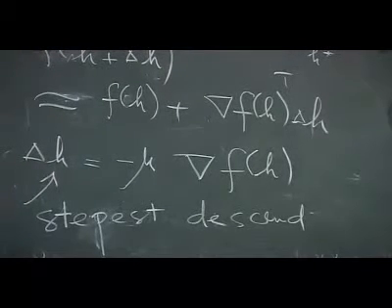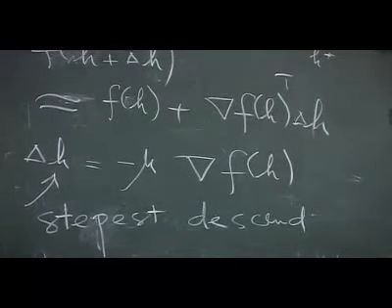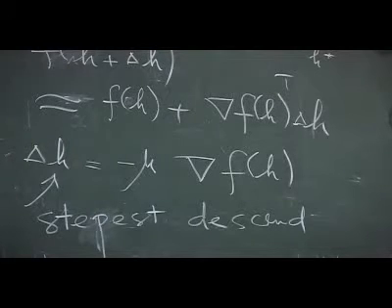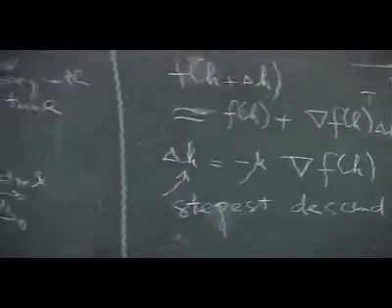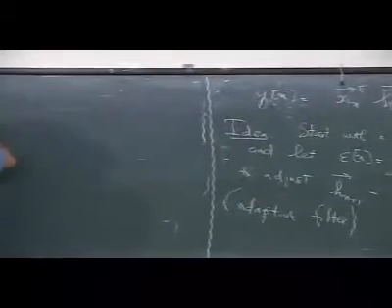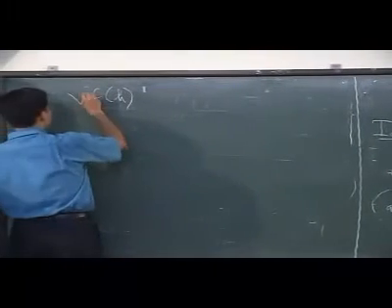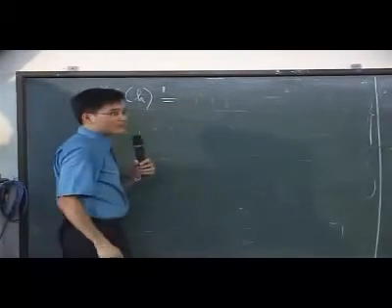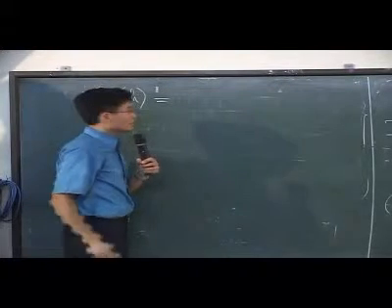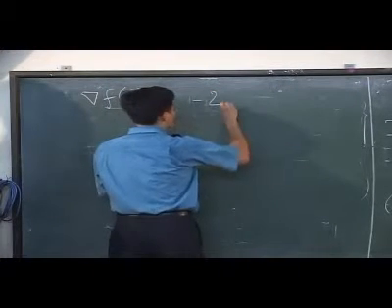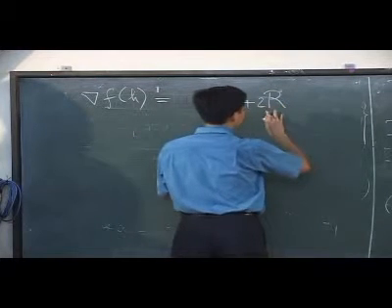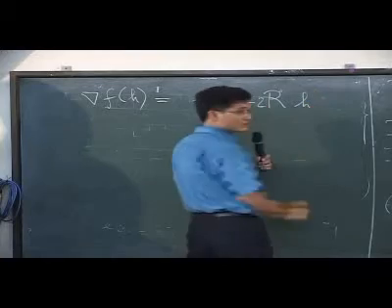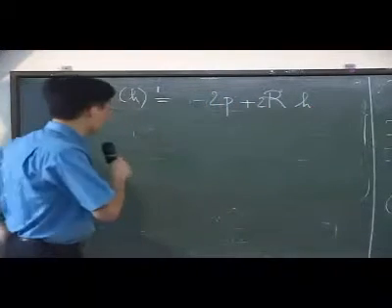Okay. So I reduce the thing in that direction. All right. So now how can I put it in practice? So I have f of h. Well, let's say the gradient of f of h. Everyone remember what it is from earlier on? It is minus 2p plus 2 times R h. Right? That's the gradient.